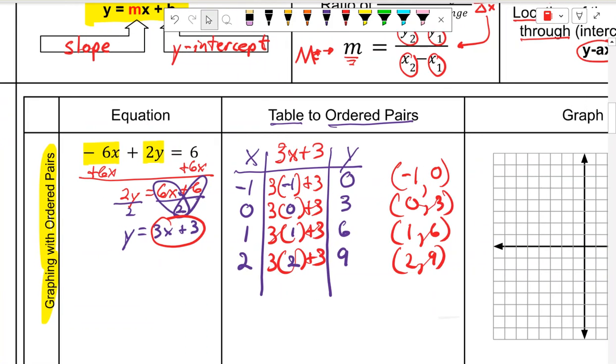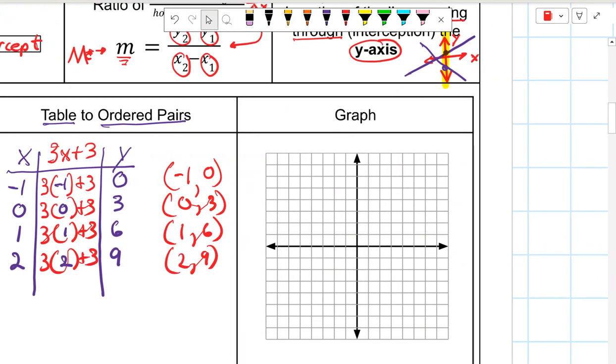Now we have our 4 ordered pairs, and we go to the graph and graph them. So (-1, 0) is here, then (0, 3), (1, 6), and (2, 9) is just off the graph, so it's not a totally trustworthy point. All right, so we take these right here.